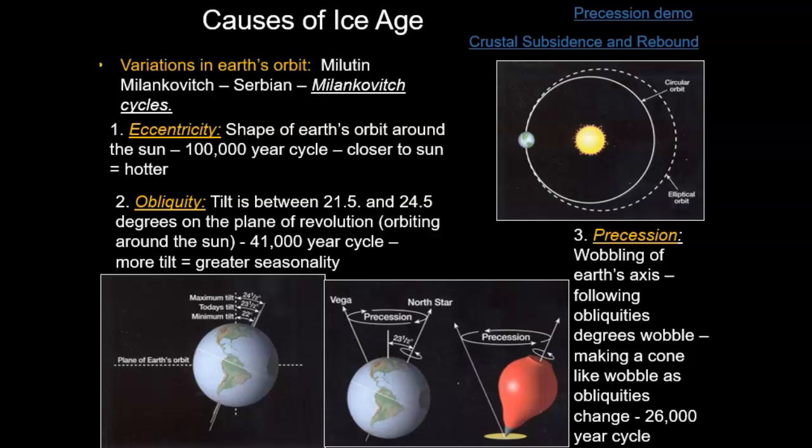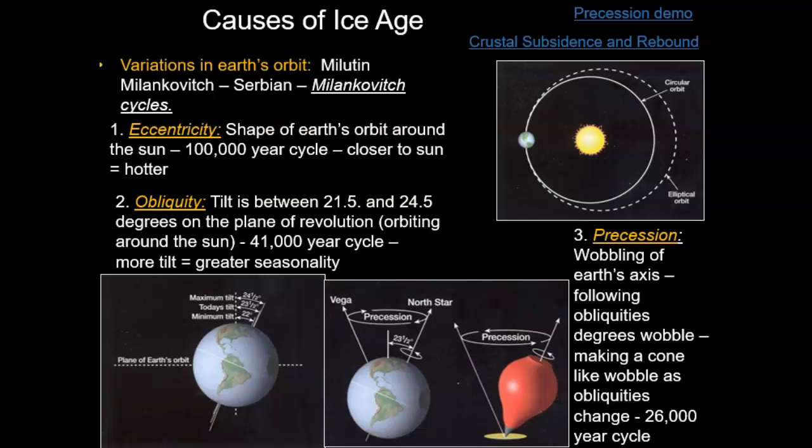That's the eccentricity cycle. Using the obliquity changes, when the tilt is greatest, around 24.5 degrees on the plane of revolution, the seasons are more pronounced, so winter is colder and summer is warmer. The cycle of the Earth's tilt going from 21.5 to 24.5 degrees and back to 21.5 is about 41,000 years.